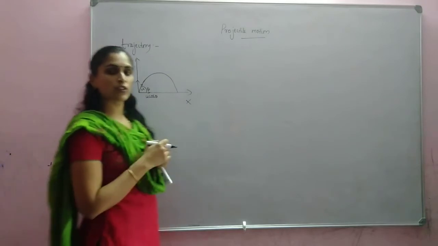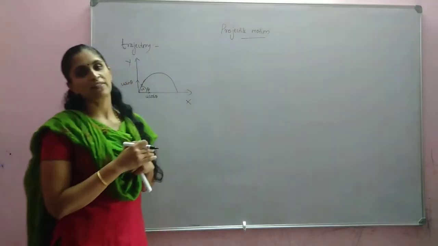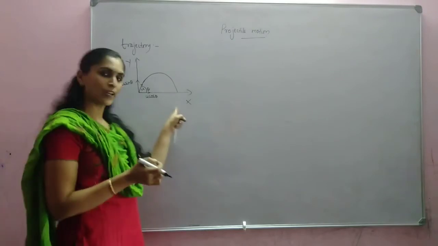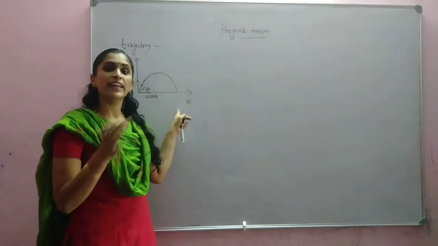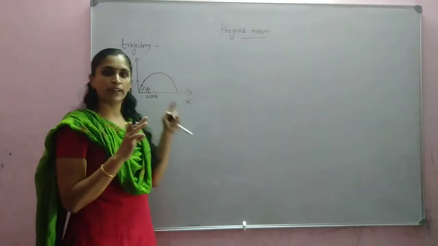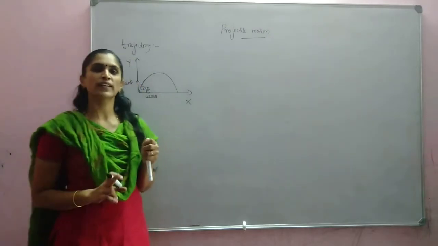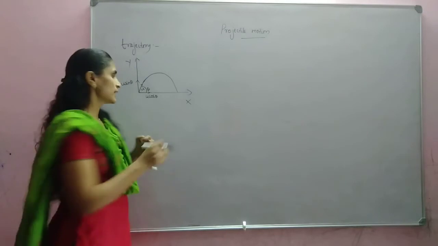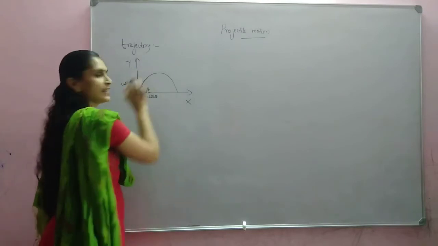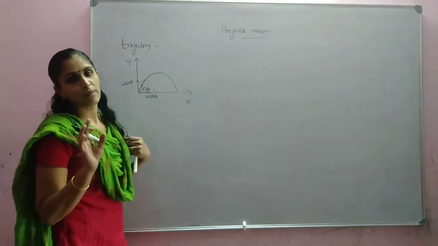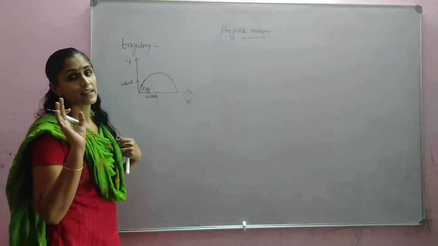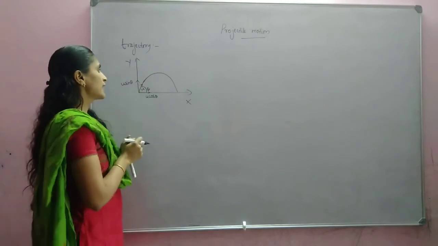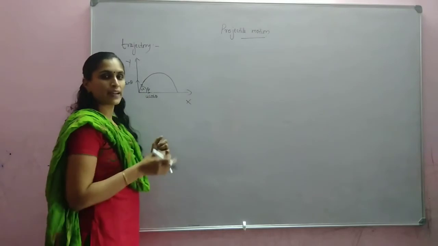Why does it remain constant? Because gravity is acting vertically downwards. Since this component is along the x direction, gravity has no effect on it. So in projectile motion, the x component of velocity remains constant at any instant.